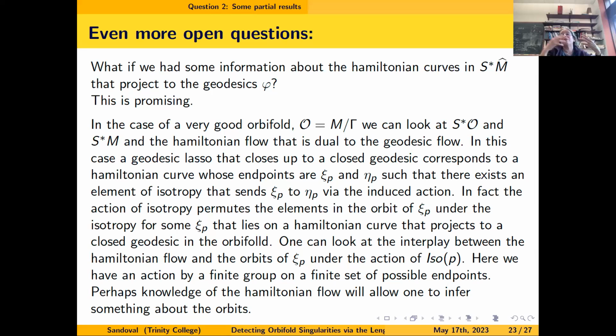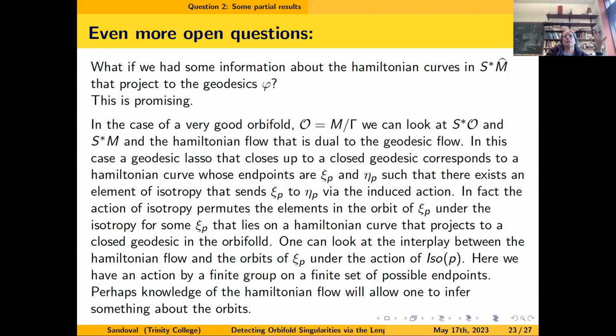Once again, if the Hamiltonian flow is very rich, and we have a lot of different ways of getting at this set of possible endpoints of these curves, then we can know a lot. And so perhaps knowledge of the Hamiltonian flow will allow one to infer something more about the orbits.